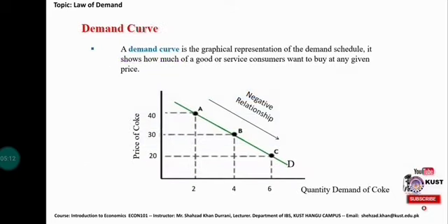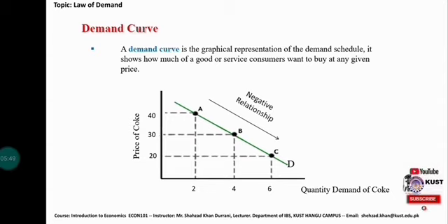After the plot, you can see, for example, if the price is 20, then your demand was 6. When the price increases from 20 to 30, your demand is going to decrease. Or vice versa: if the demand increases, then the price decreases. So we plot that table on the graph and we can see that line.